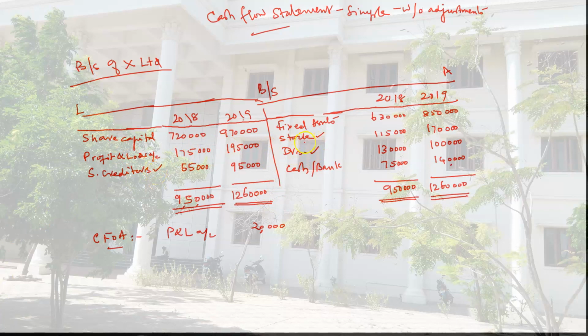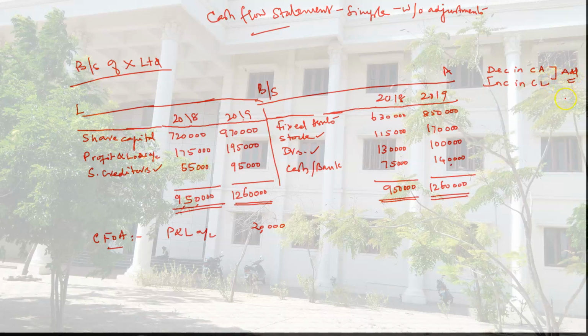So when you look at stock, it is increasing. The normal rule is that a decrease in current asset and an increase in current liability will always add to the cash position. It should be added. When you look at stock, stock being a current asset, it increases by rupees 55,000.